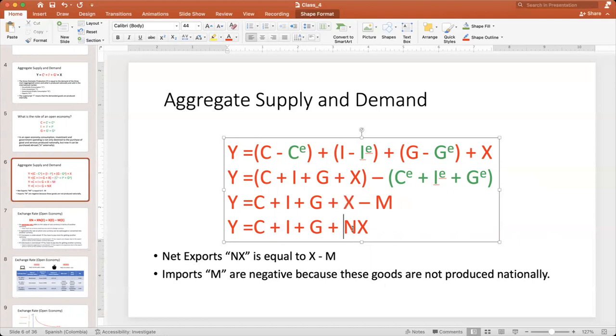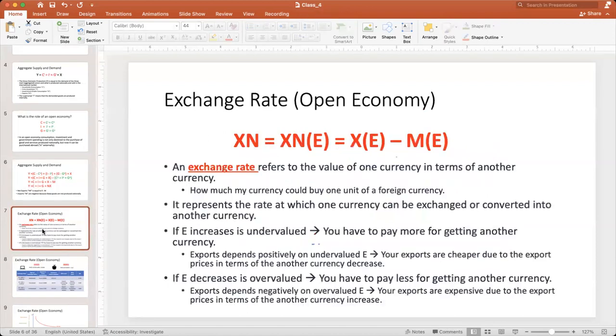So here we have our first important term that we need to understand, an exchange rate. This term is the net exports. So the net exports depends on the exchange rate. Why? Because an exchange rate refers to the value of one currency in terms of another currency. In other words, an exchange rate refers to how much my currency could buy of 1 unit of a foreign currency.